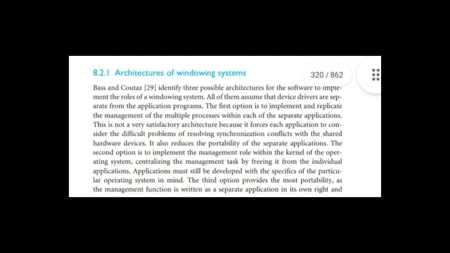The first option is to implement and replicate the management of the multiple processes within each of the separate applications. The second option is to implement the management role within the kernel of the operating system, centralizing the management task by freeing it from the individual application. The third option provides the most portability, as the management function is written as a separate application in its own right.